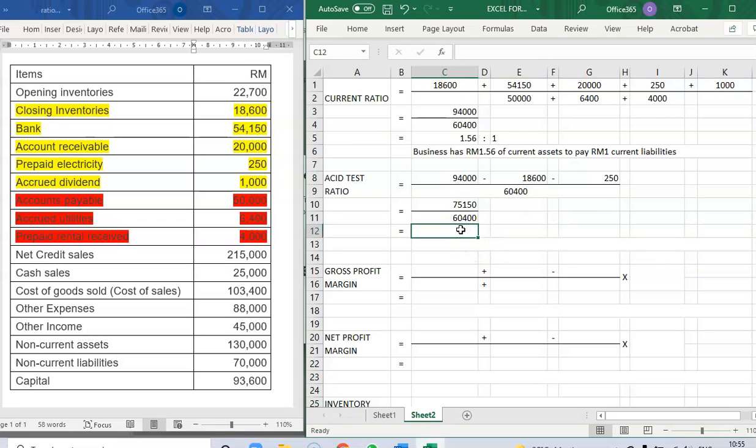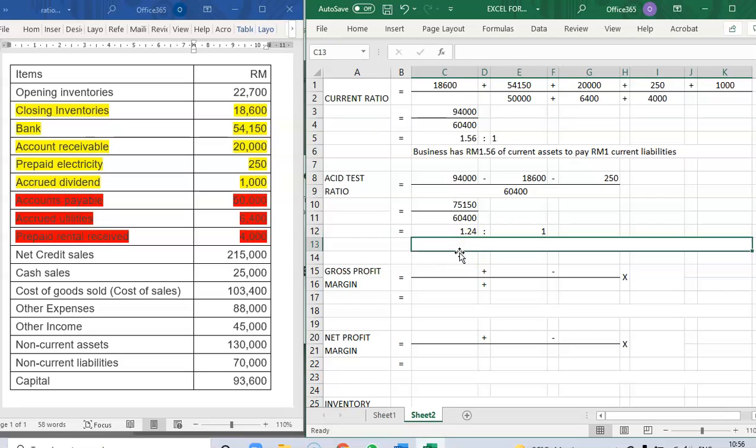So your answer would be when you divide the 75,150 with 60,400. Again, you have lots of decimal points, so just round it to 2 decimal places, and do not forget to put the colon representing the ratio and 1 representing the current liabilities. So your answer should be 1.24 to 1.